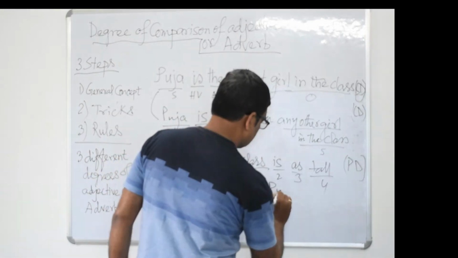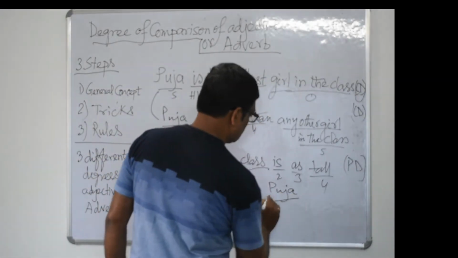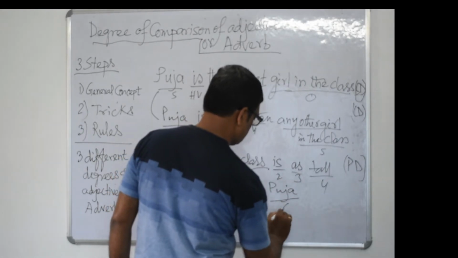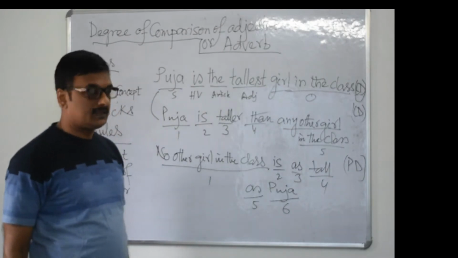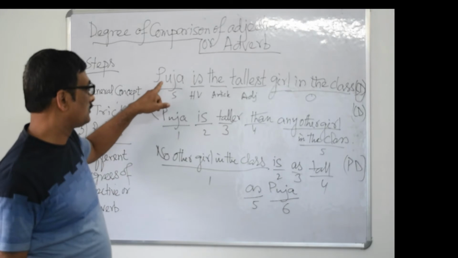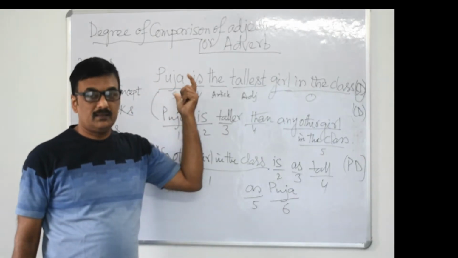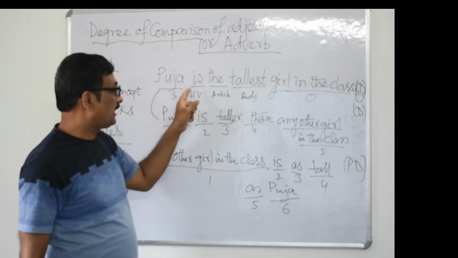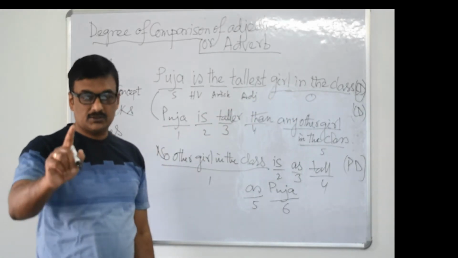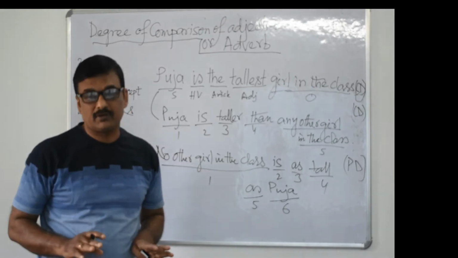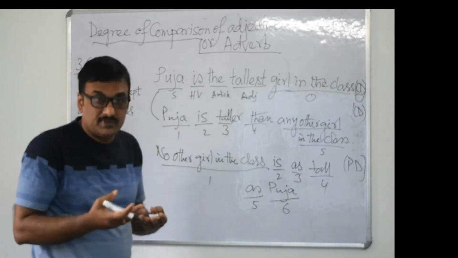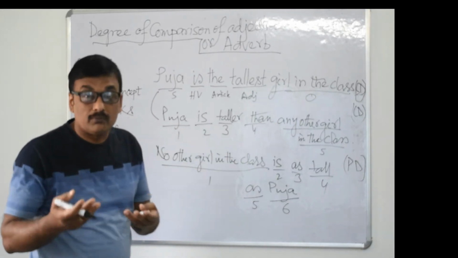So what is the positive form of these two degrees? What is the superlative degree? Puja is the tallest girl in the class. First we took it for granted, and then we tried to understand its features, what is used where.